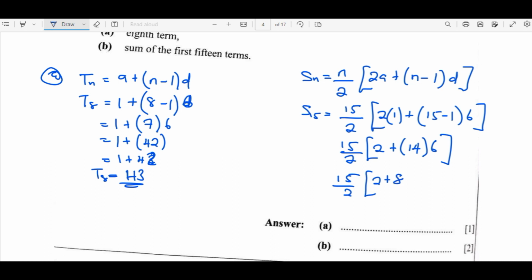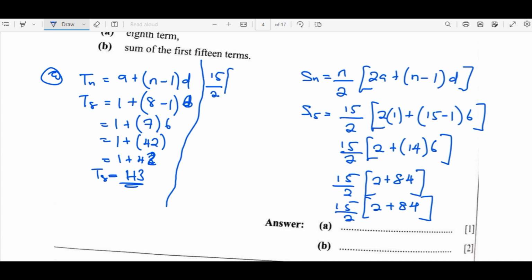Then you can close, and work out 15 over 2, and then open, 2 plus 84, we're going to have 86.